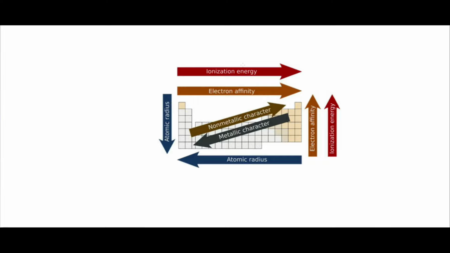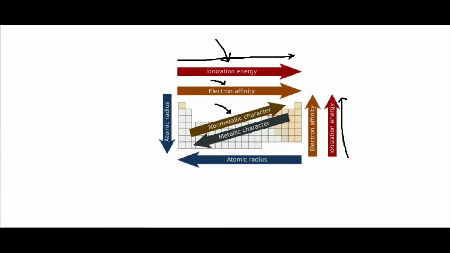So this is just some periodic trends, where once again we see that ionization energy increases as we go from left to right across the periodic table and as we go from top to bottom. You could think of electron affinity as sort of the same thing, because for something with more electron affinity, you're going to need more energy to actually ionize it. And down here, we also see this non-metallic character and metallic character.